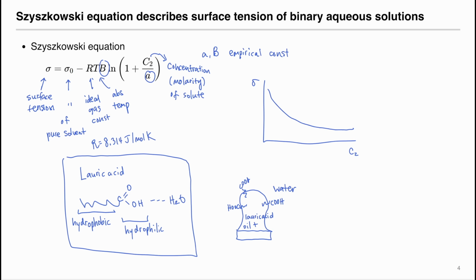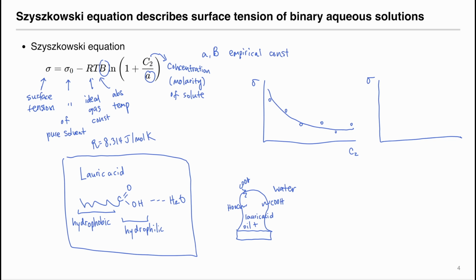We want to find the interfacial tension for each concentration point so we can fit the line using the Szyszkowski equation and determine the empirical constants A and B. Usually we plot it in normal coordinates. However, in this experiment we will use a range of concentrations that spans around 2 orders of magnitude.